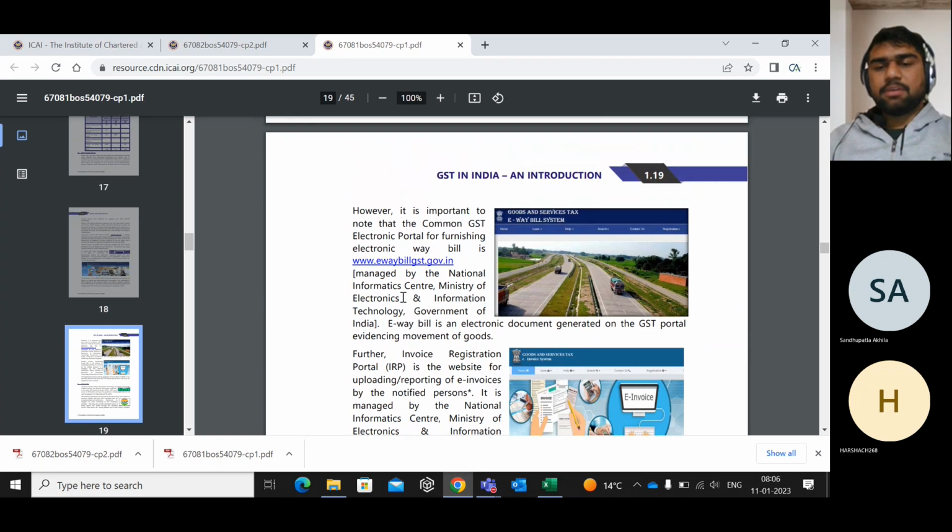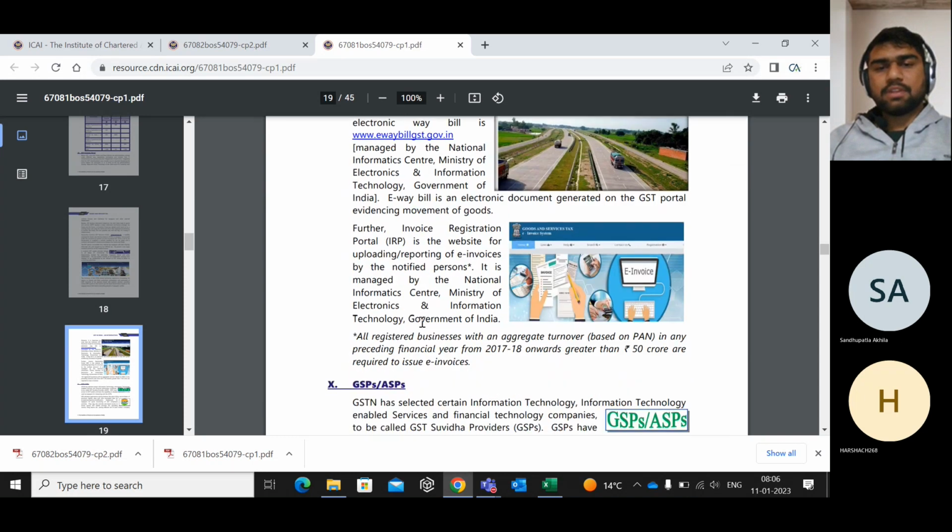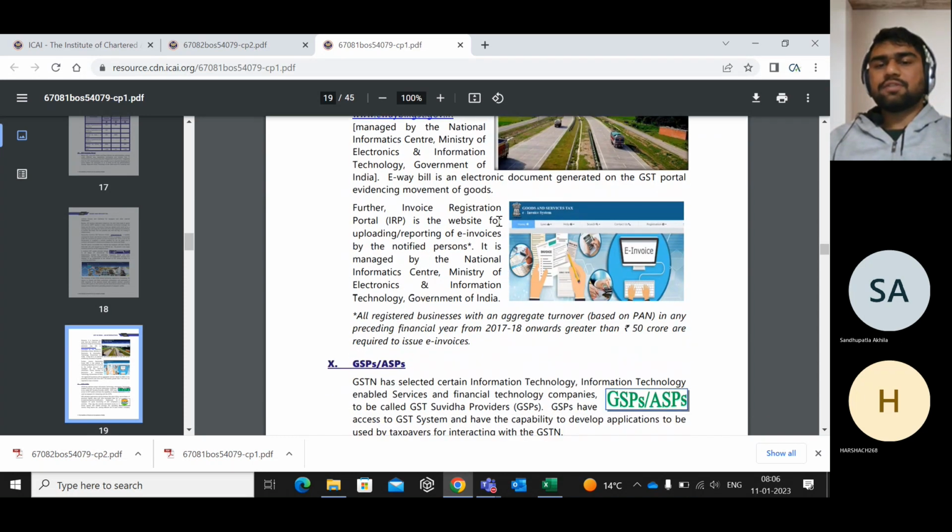E-way bill, when we need to generate an e-way bill, we will discuss in the upcoming chapters. This is e-invoicing. There is a 5 crore turnover limit. It was 50 crore earlier, but it is 5 crore from November for the financial year 21-22.